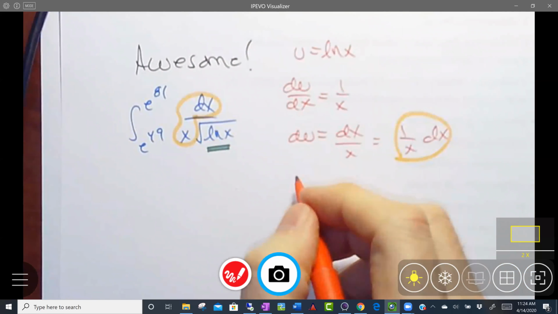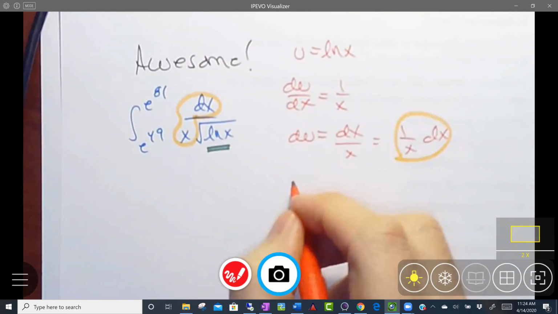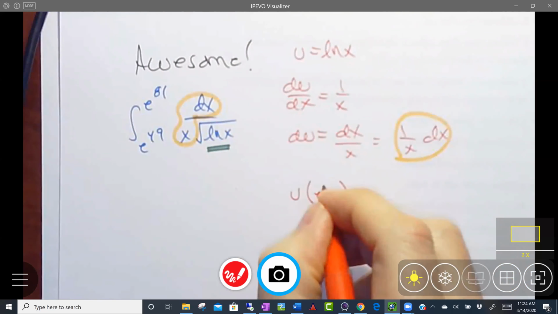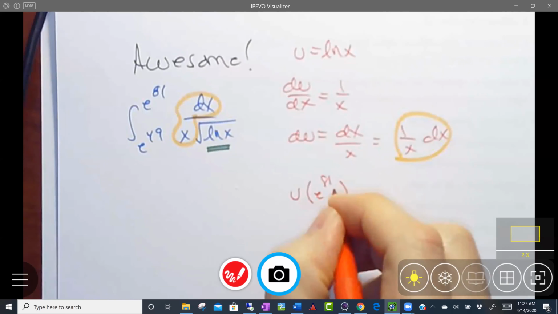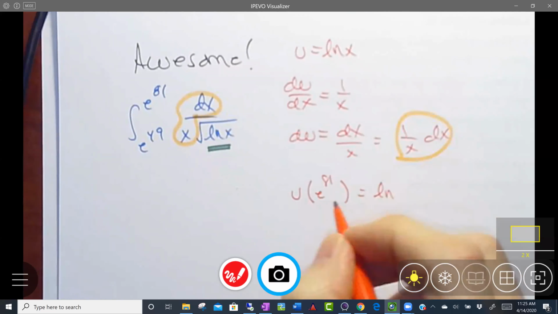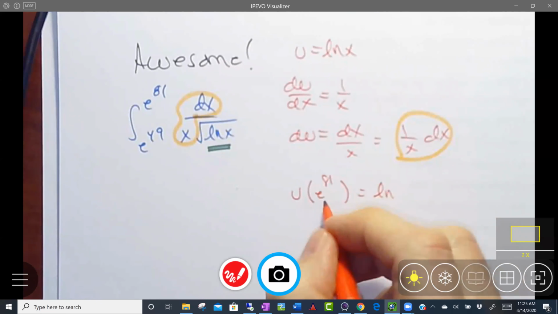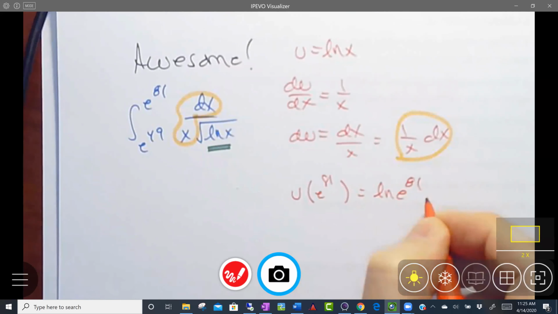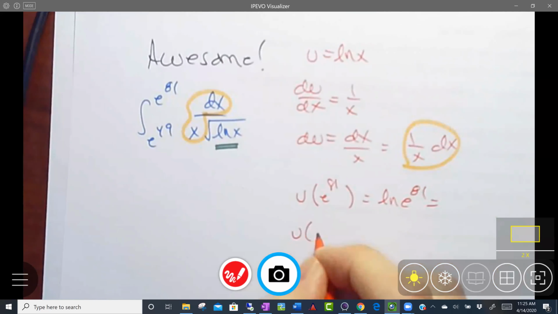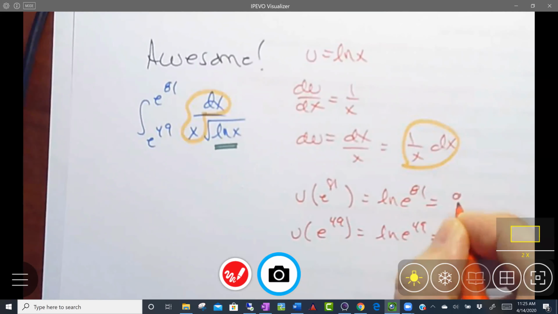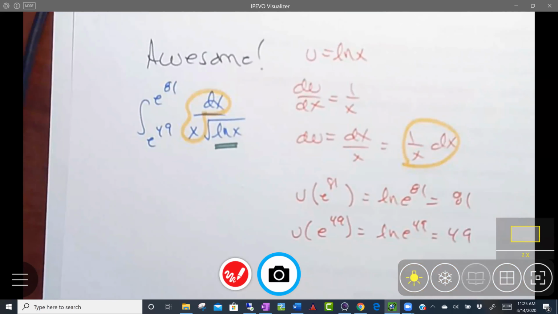If I plug in the upper limit, that's going to be ln of e to the 81st. Can someone tell me what that's going to equal? 81. Yeah, 81 and 49 respectively.